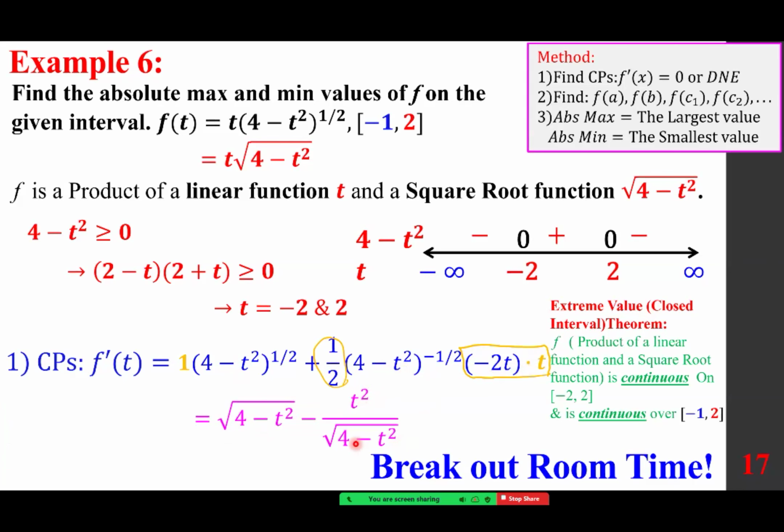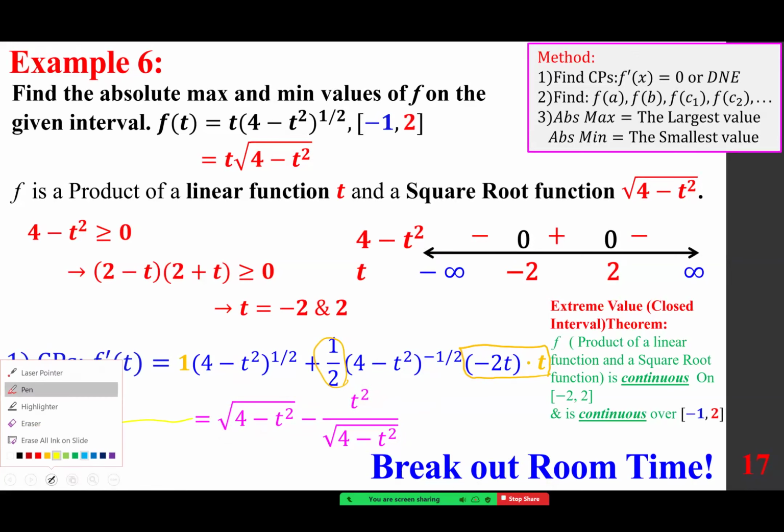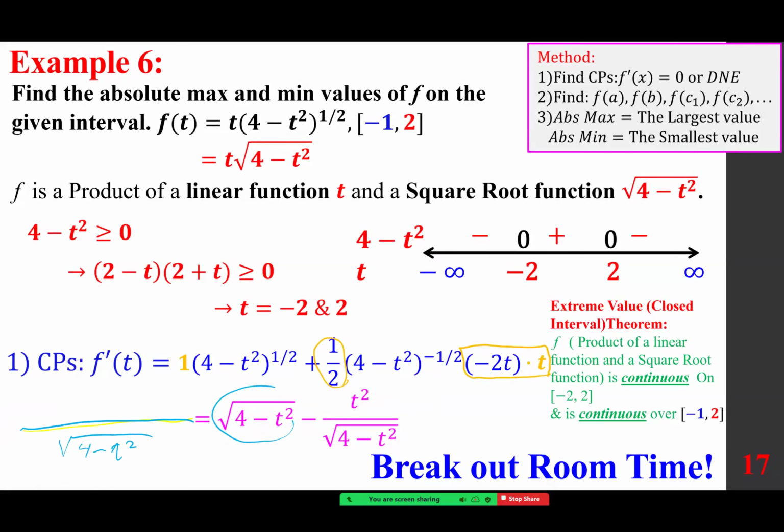This one. Therefore, we can write this is the common denominator. And if I want to take a common denominator, I have to multiply these two, and I get 4 minus t squared.